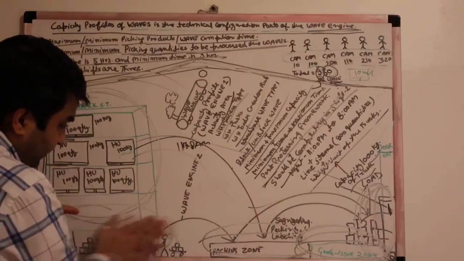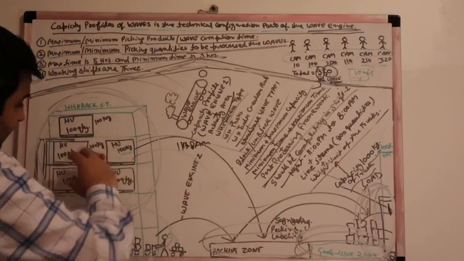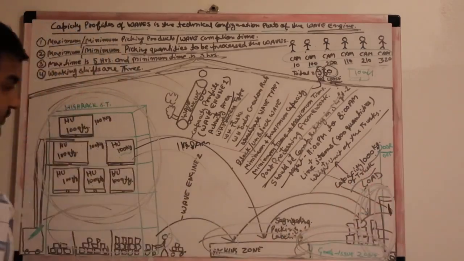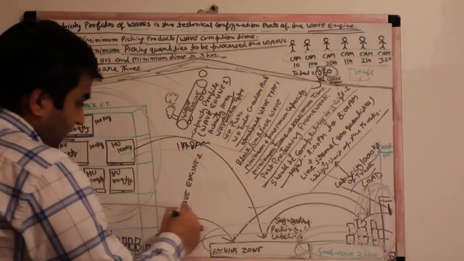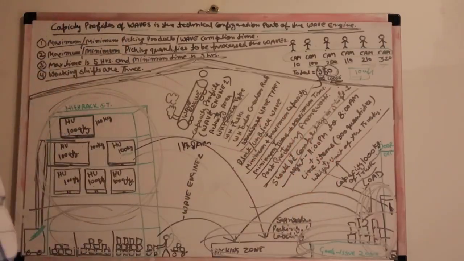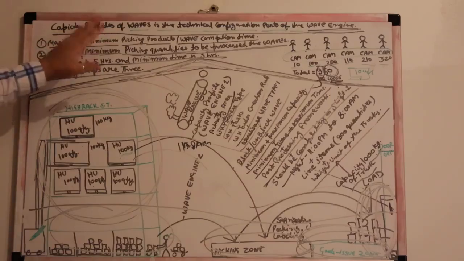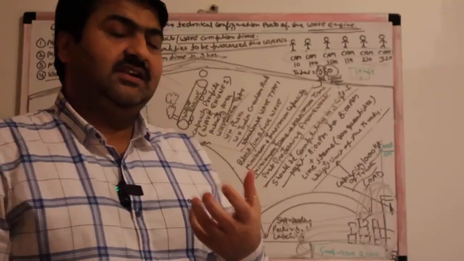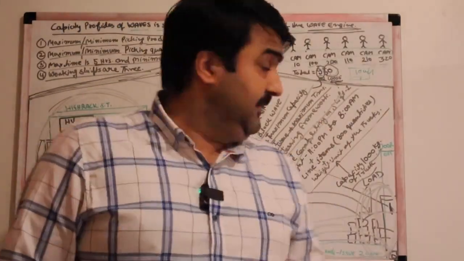This is the one wave flow, this is picking another wave flow. So here we have two different activity areas, two different waves. Capacity profile of waves means very simple, you can understand wave engine. If the engine is there, it contains some properties, that's it.